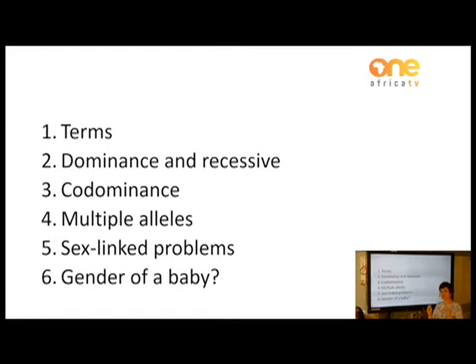Dominance and recessive alleles in a gene, codominance alleles, multiple alleles, the sex-linked problems, and then what is the gender of a baby. That is a short revision so that you just can see whether you do follow the work or not.